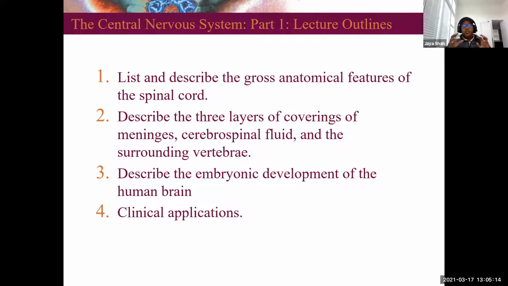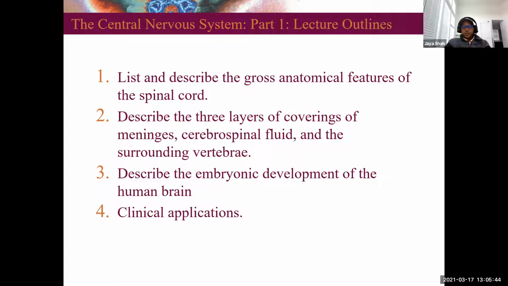Basically, your brain and spinal cord are floating in the fluid, and we will see that. And then once we are done with the gross and microscopic structure of the spinal cord, then we will talk about the development of the human brain today, and we'll correlate some clinical application.